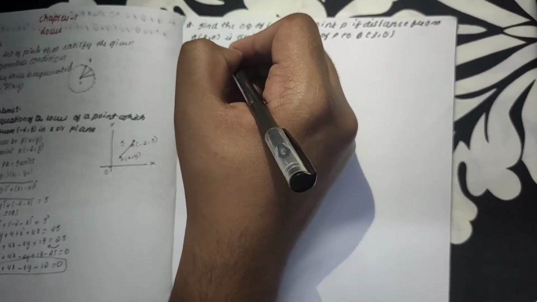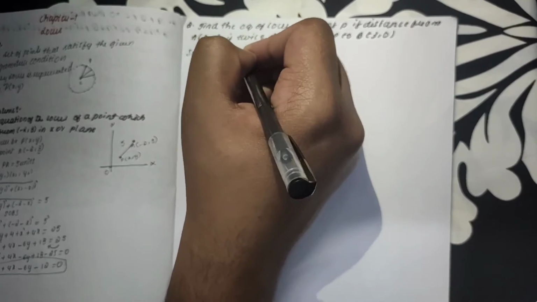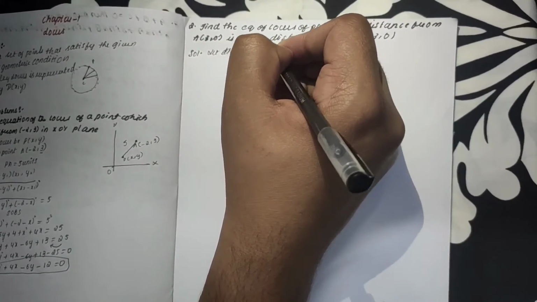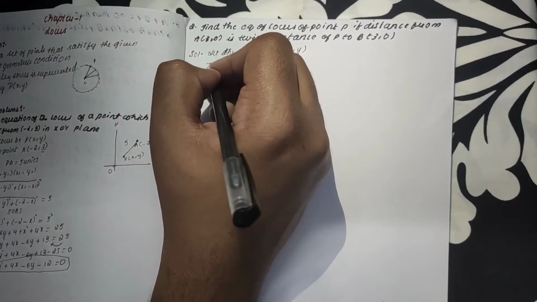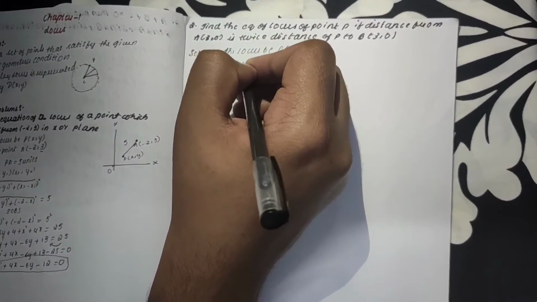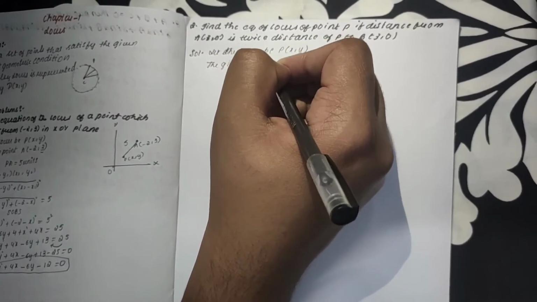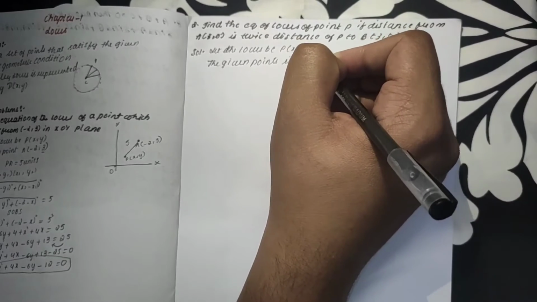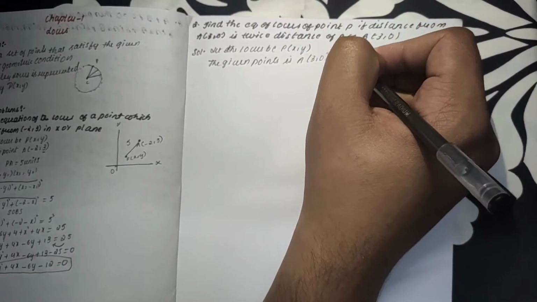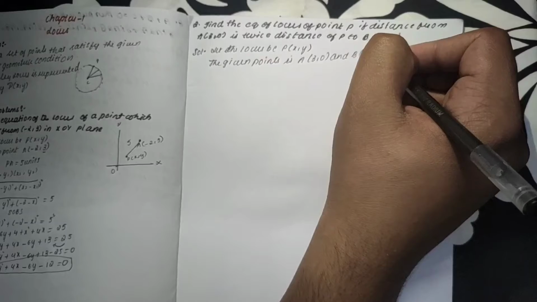Let the locus be P(x, y) and the given points are A(3, 0) and B(-3, 0).